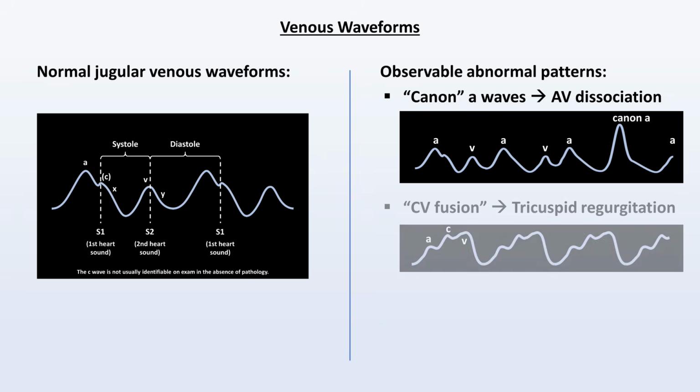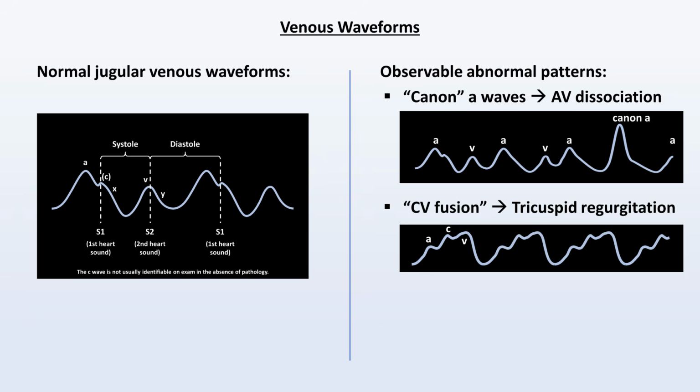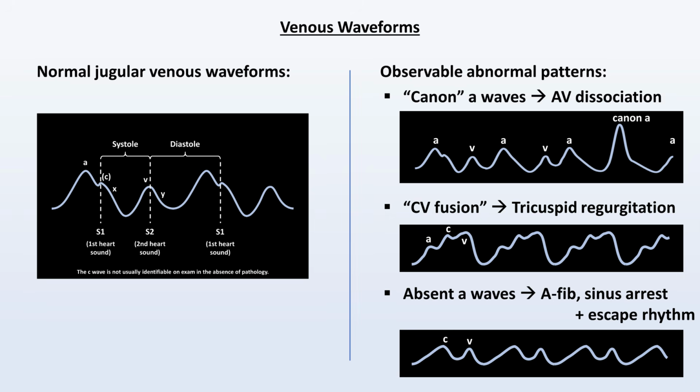In patients with severe tricuspid regurgitation, they have a giant outward wave that occurs during systole that makes the A and V waves seem connected, and absent A waves suggest a lack of atrial contraction, as seen in either atrial fibrillation or sinus arrest with a junctional or ventricular escape rhythm. A number of other waveform abnormalities are described, but they're difficult to identify without a printed tracing of the directly transduced pressure from the cath lab.